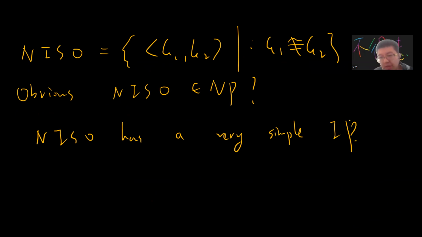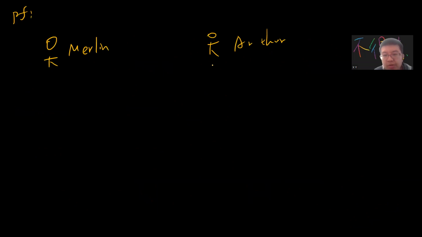I think this is very simple. The proof idea is very simple. This is Merlin, and this is Arthur. Someone gives you G1 and G2. The protocol: first, Arthur flips a coin. Let's say it's heads.